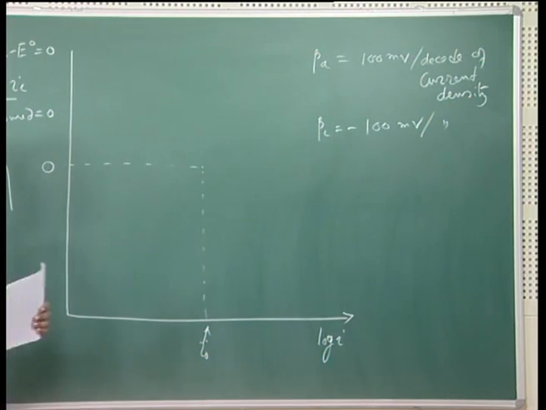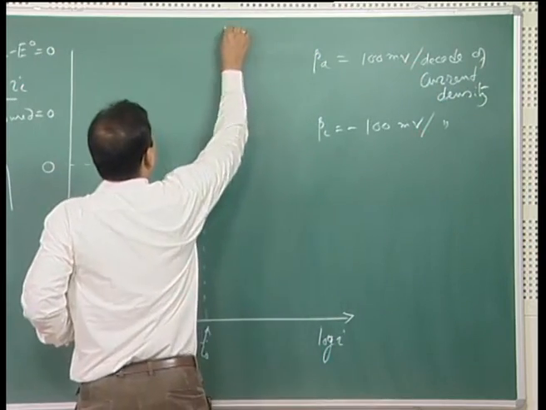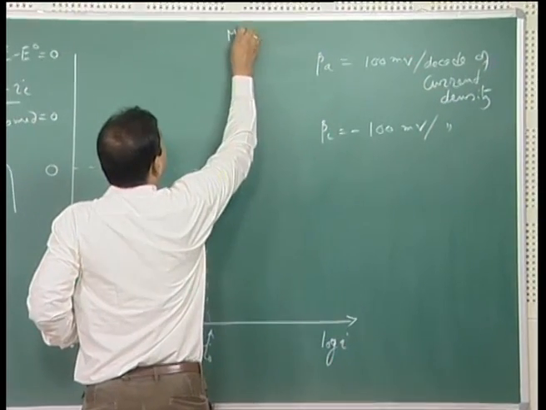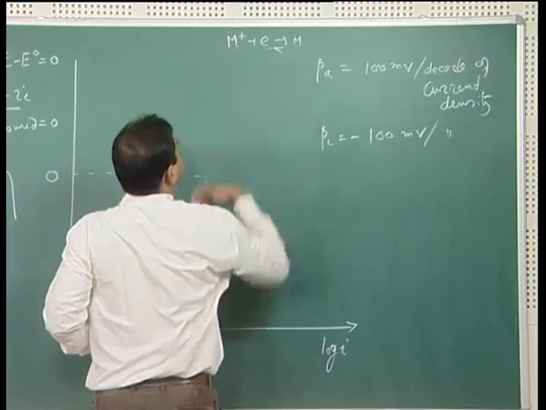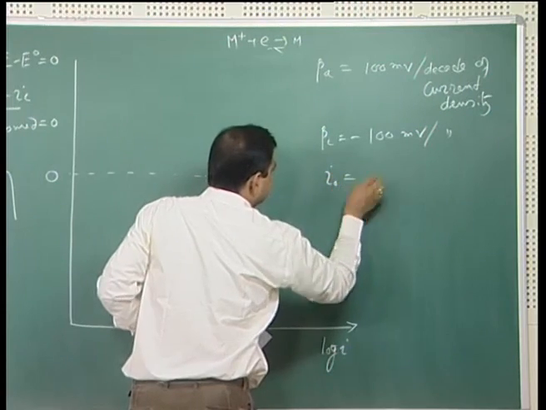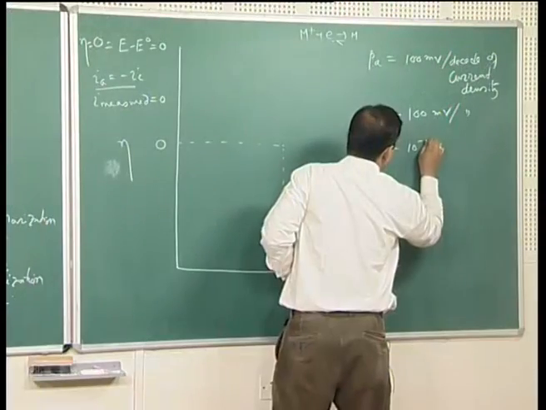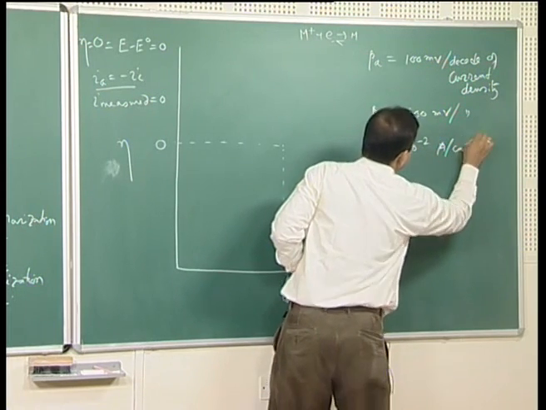Now, let me consider a particular reaction, M goes to M plus plus E, for this reaction let me consider I0 is 10 to the power minus 2 ampere per centimeter square.